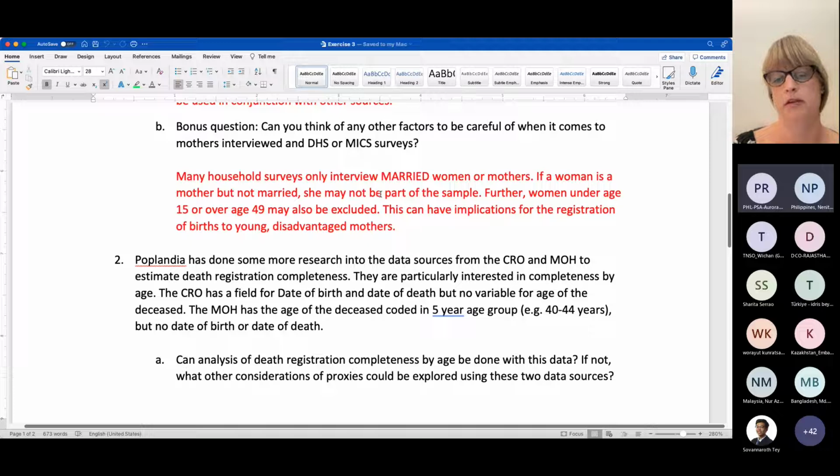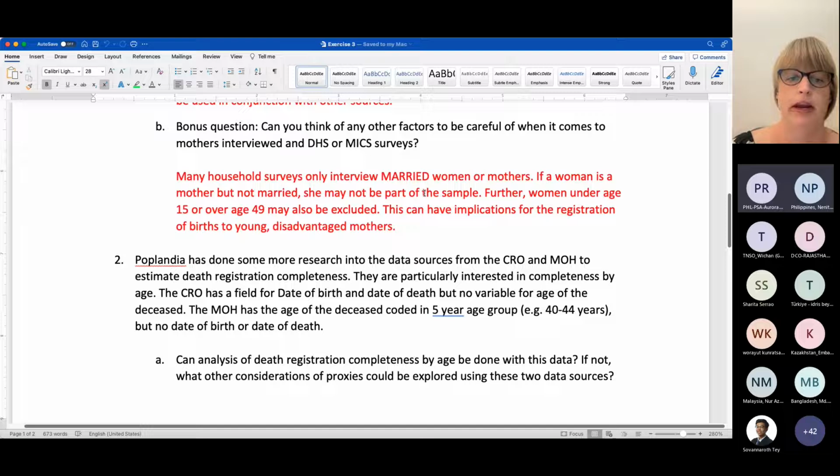We might be particularly interested in those women because they might already have barriers to registering their births. Say if you need a father to be present and on the birth certificate, or maybe you need a marriage certificate or other documents, then it can be even more challenging for unmarried mothers to register births.